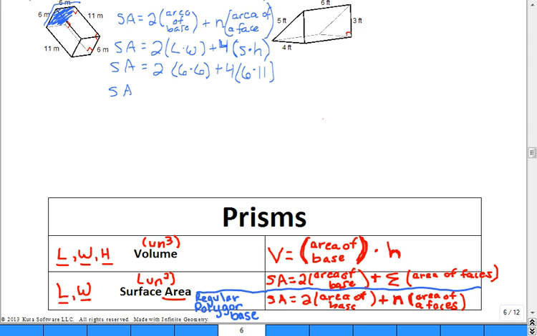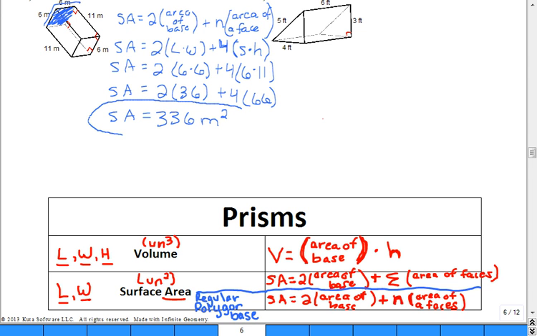So I'm going to multiply that out. So it's 2 times 36 plus 4 times 66. And when I multiply that out, I determine that my total surface area in this case is 336 meters squared.